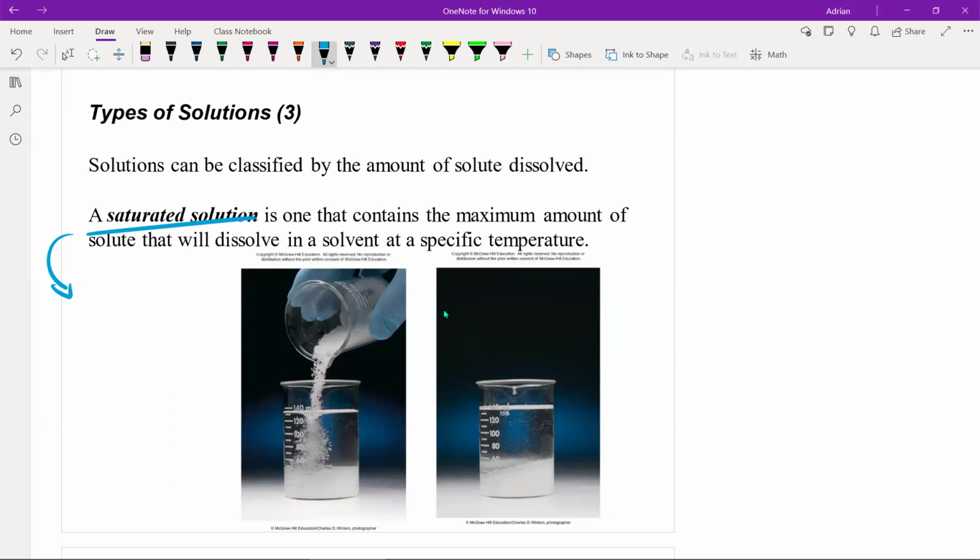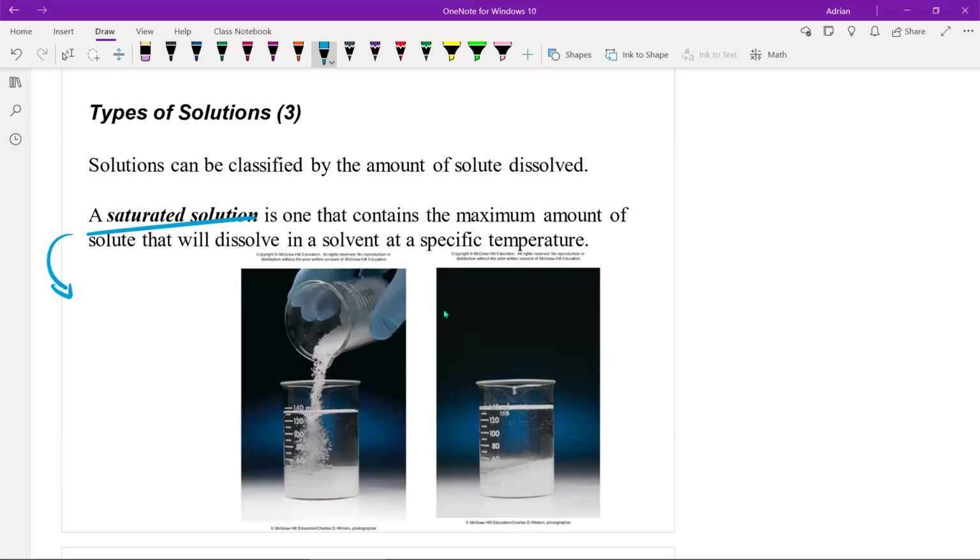It starts off as unsaturated, you can add more solute, it still is unsaturated until we get to the point where that solvent has the maximum amount of solute it can accommodate, and we call that a saturated solution, similar to our sponge. We get to a point where we add enough water and the sponge is saturated. If you add any more water to it, water is just going to come out of it. Same thing with our solution.